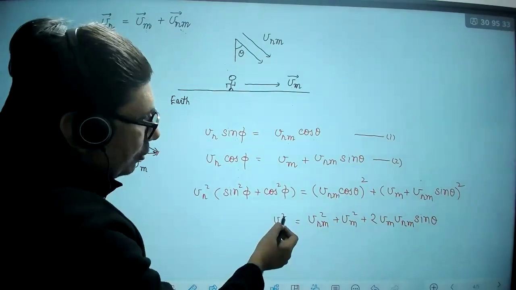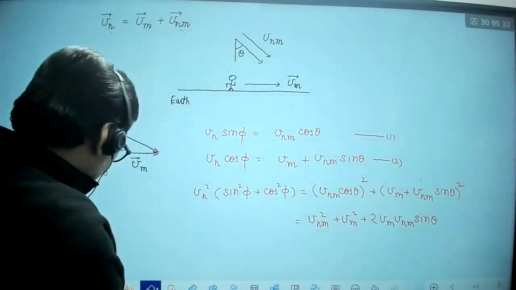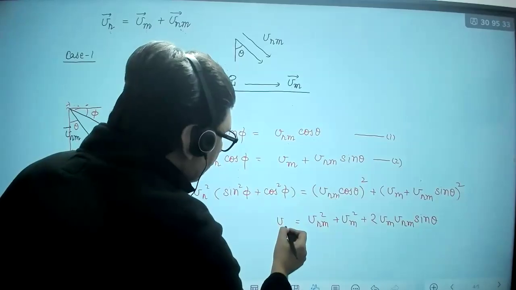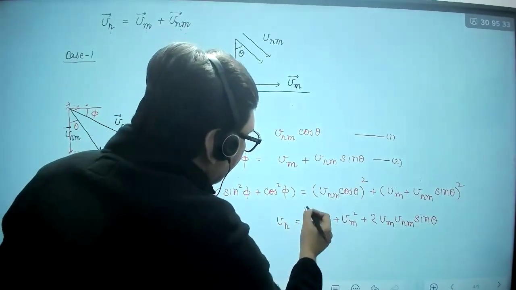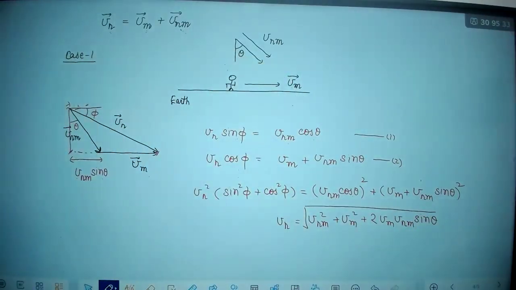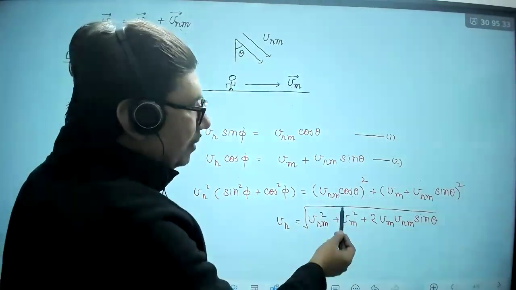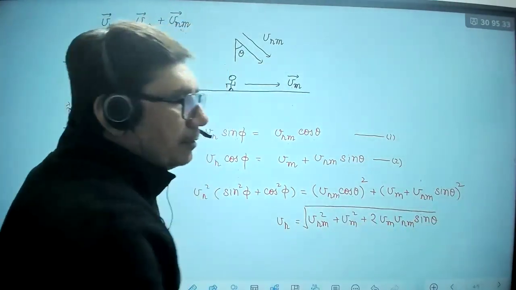If I write VR, then it will be the square root. So what will VR be? VR will be the square root of this. VR will be VRM square plus VM square plus this.